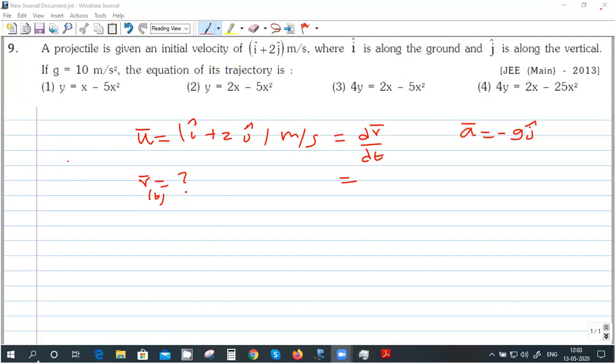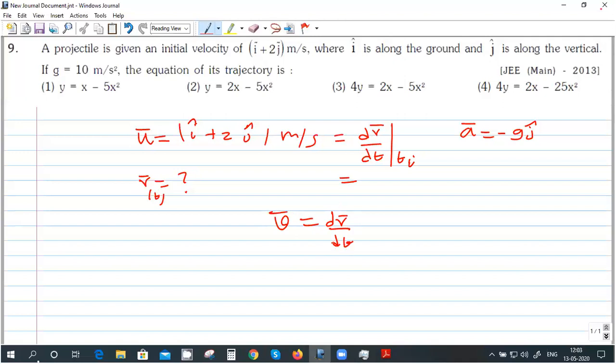So if you integrate both the sides of this one, actually this u is just the initial velocity. It's not general. So this is at the initial time. If you can get v at any general time, that will be equal to dr by dt.